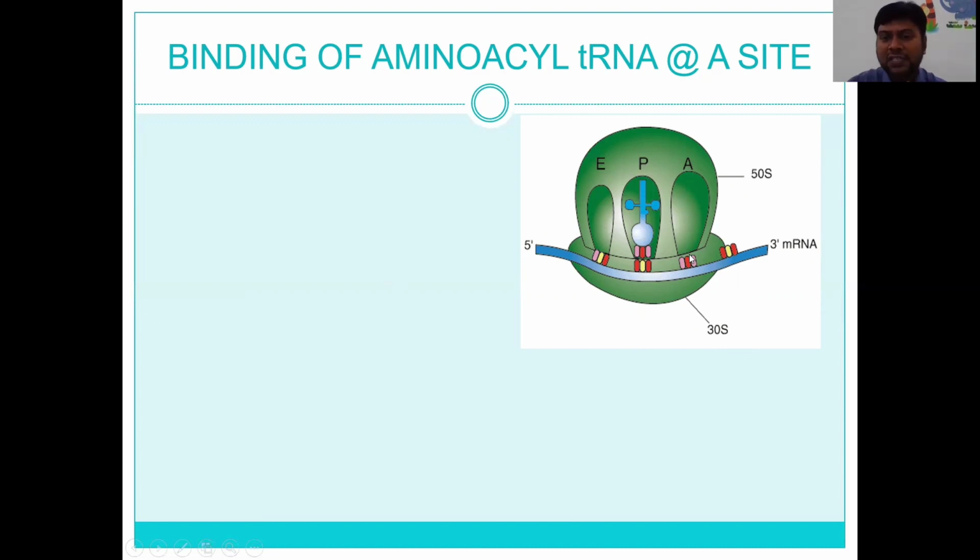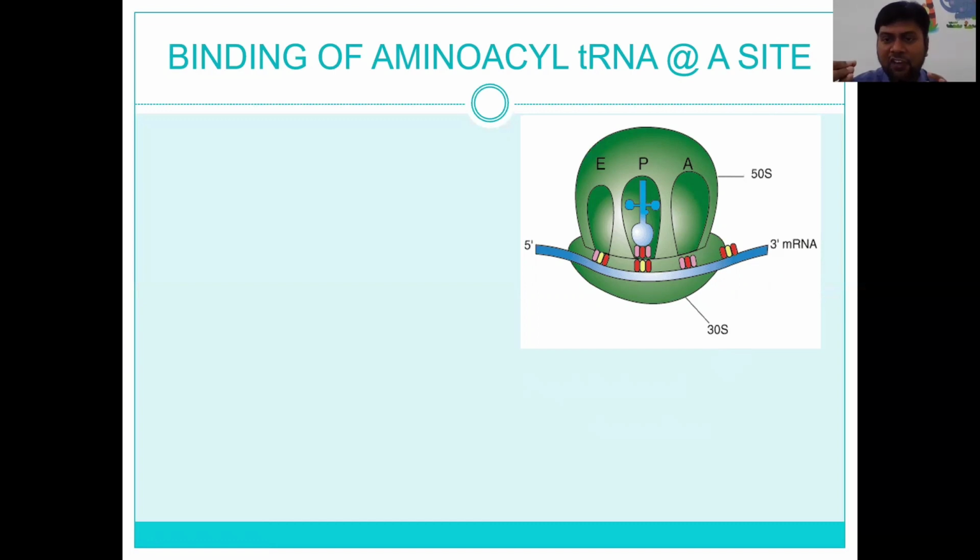Suppose this next codon is ACC, which codes for threonine. Now the tRNA which carries threonine will come and bind at the A site. That is the first step in the elongation phase.